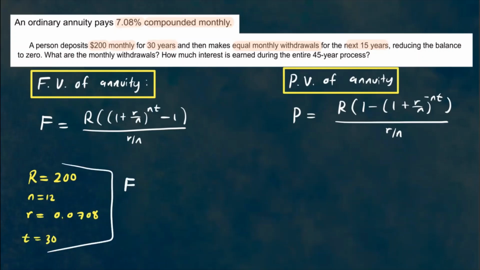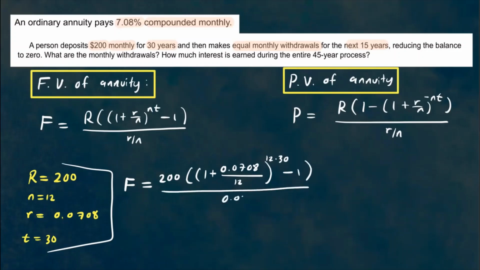So the future value of this annuity is going to be 200 times 1 plus the rate 0.0708 divided by n, 12, to the power of 12 times 30, minus 1, everything over 0.0708 divided by 12.